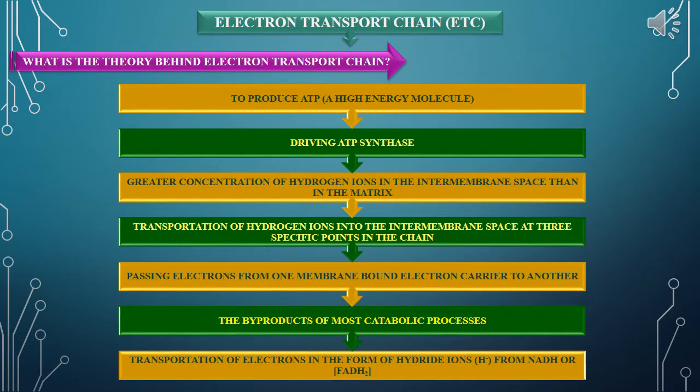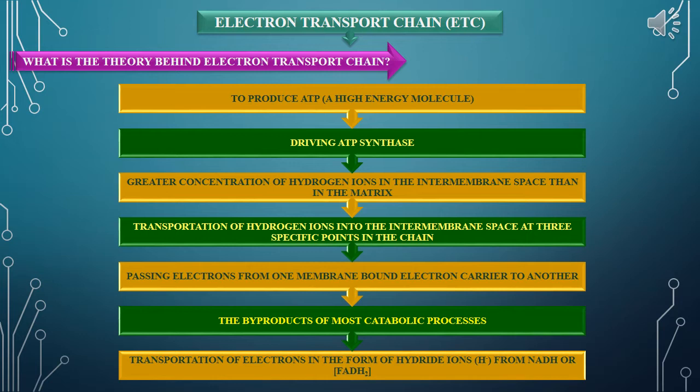What is the theory behind the electron transport chain? It is to produce ATP, a high energy molecule. How? By driving ATP synthase. How is ATP synthase driven? By increased concentration of hydrogen ions. Where is it increased? In the intermembrane space of mitochondria rather than in the mitochondrial matrix.